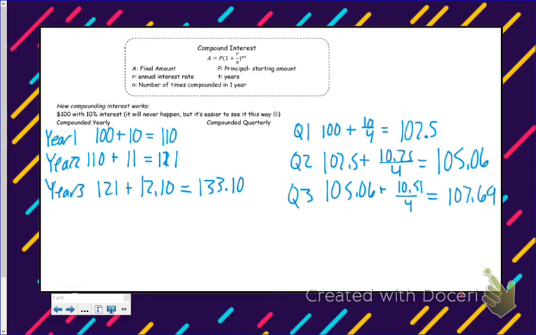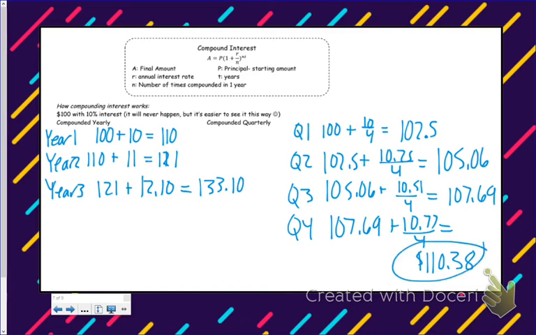And then finally, for the end of quarter 4, which is also the end of the year, I would take the amount that I have, take 10% of that, divide it by 4, and that would put me at $110.38. Now, quarter 4 is the same as the end of year 1.